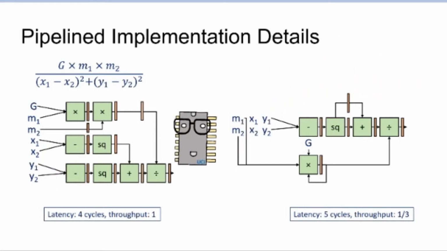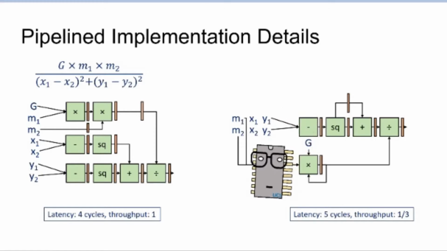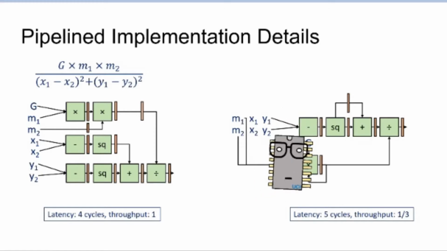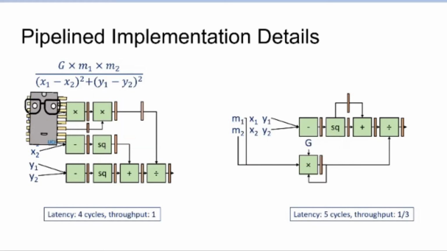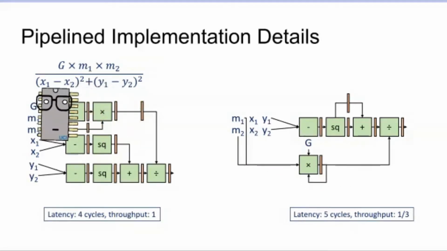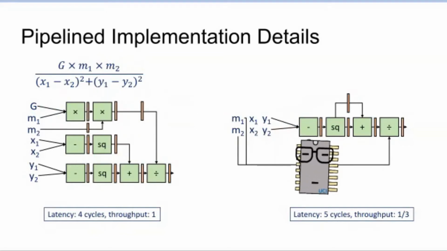So this design assumes the data path can only take in 2 data elements per cycle. So 64 bits, 8 bytes for 2 4-byte values. Thankfully, because the subtractor and the squares for these 2 operations on the top are pretty uniform, they can be shared.